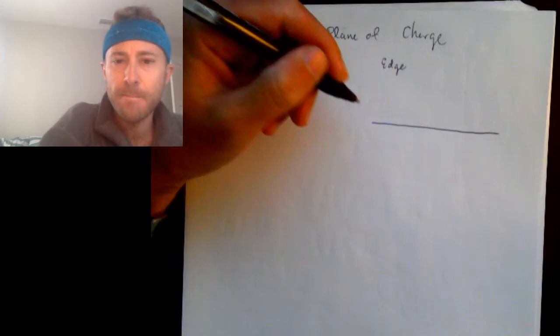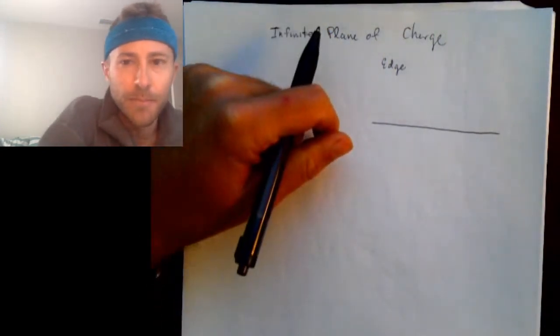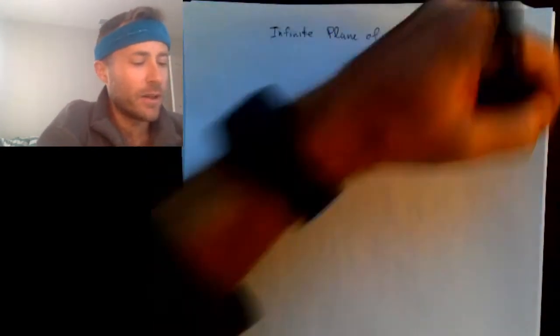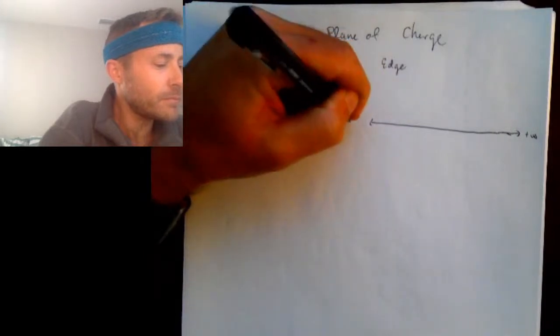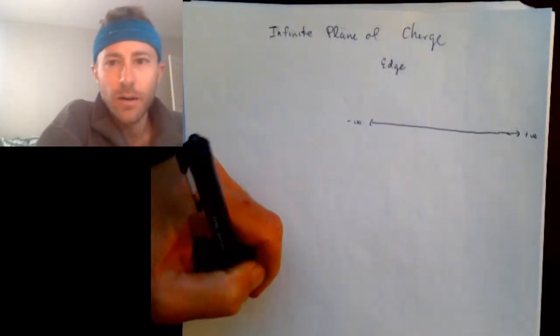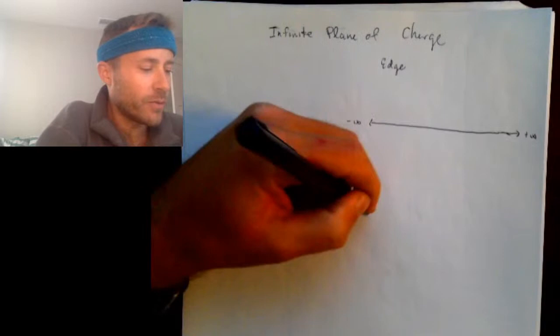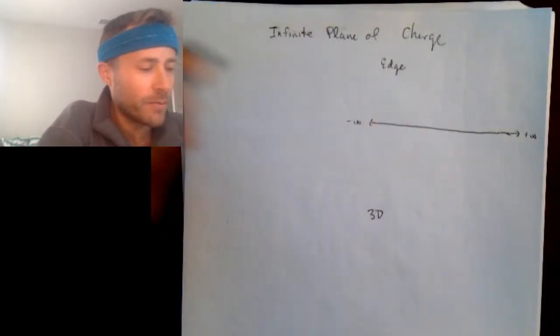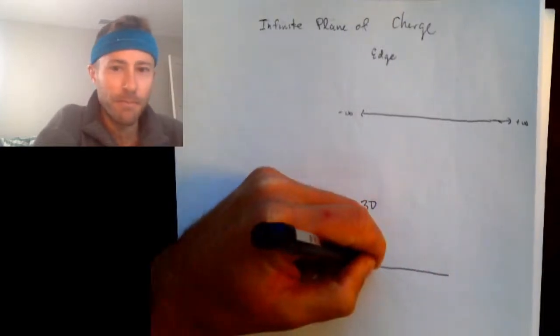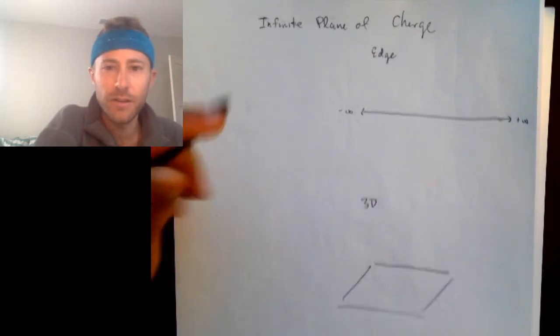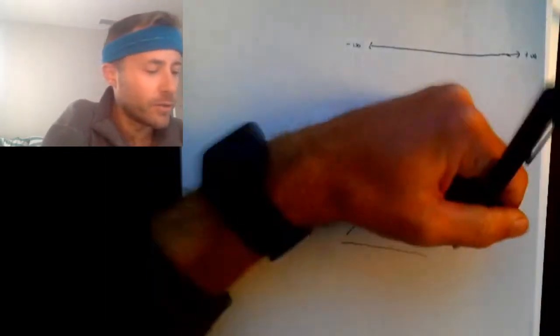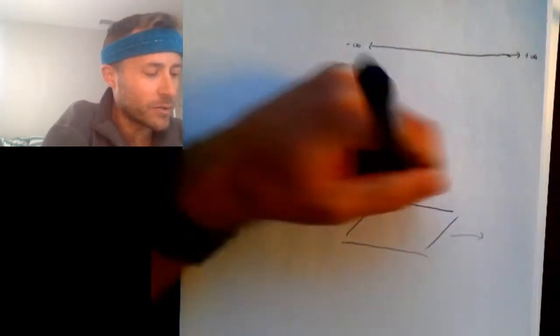All right. So that's what it looks like, and it goes on to plus infinity and minus infinity. If we were to do a 3D perspective of that, it kind of looks like a sheet of paper. But it's a sheet of paper that is infinite, so it goes off in all directions to infinity.